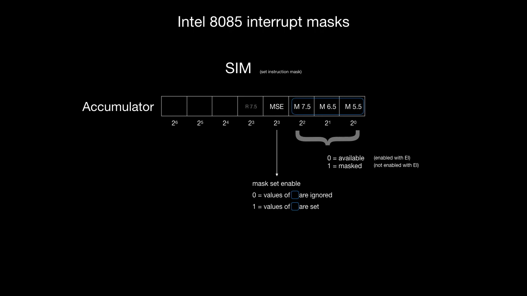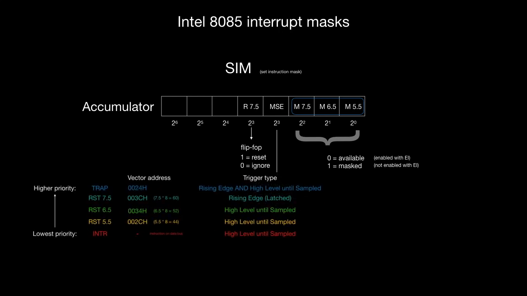With the next bit, you reset the flip-flop of the interrupt 7.5. As I have already mentioned, the 7.5 uses an internal flip-flop to register the interrupt.